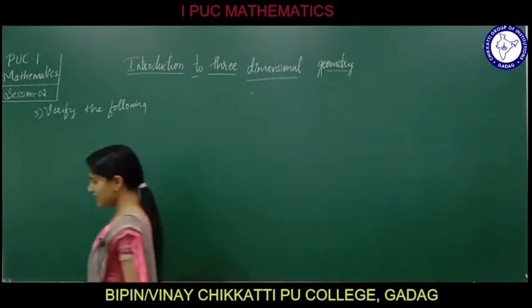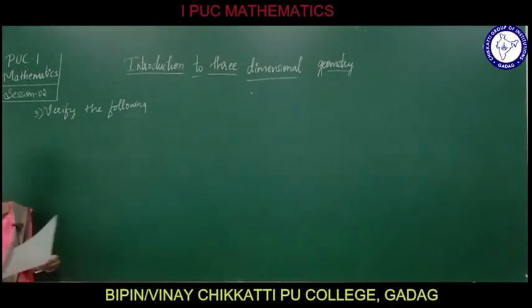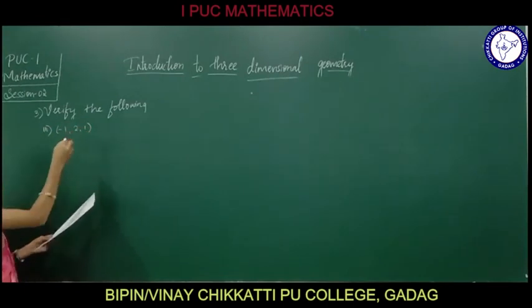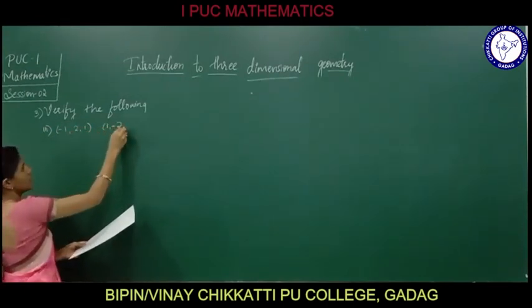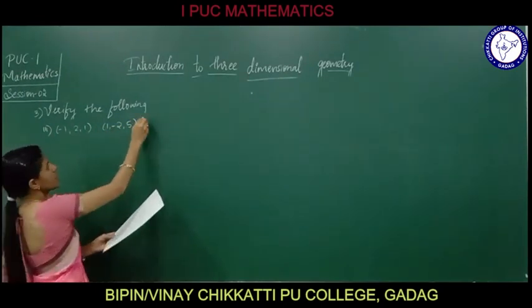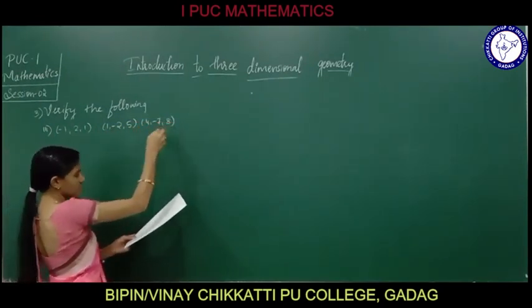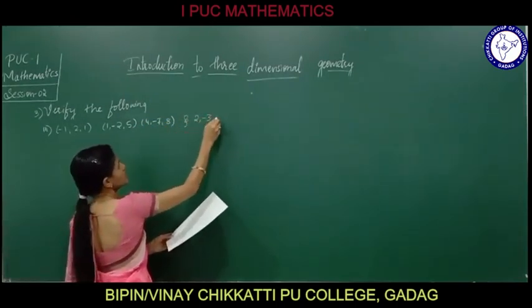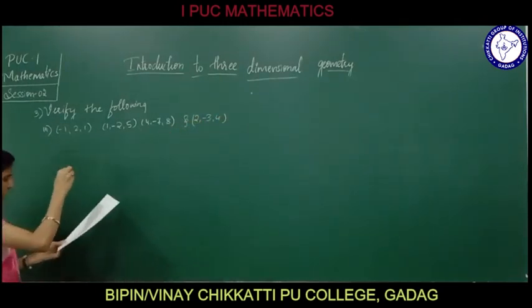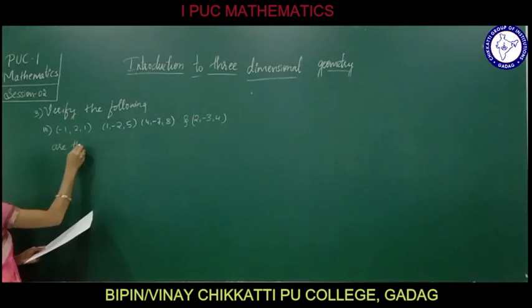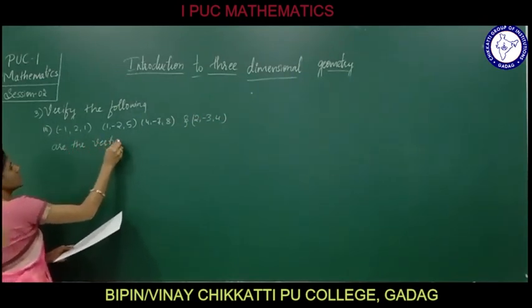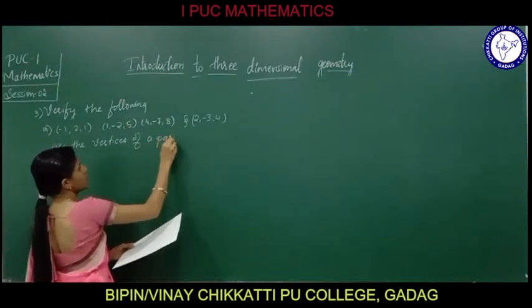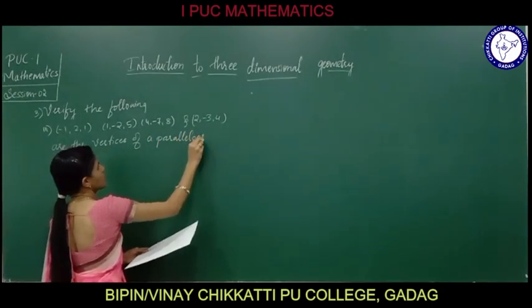What is the problem given? They have given the vertices -1, 2, 1, 1, -2, 5, 4, -7, 8 and 2, -3, 4 of a parallelogram.